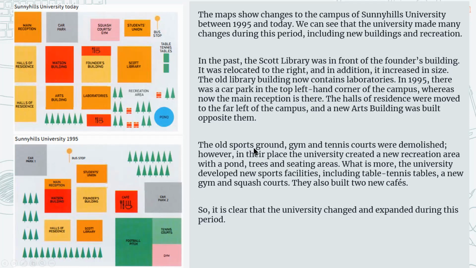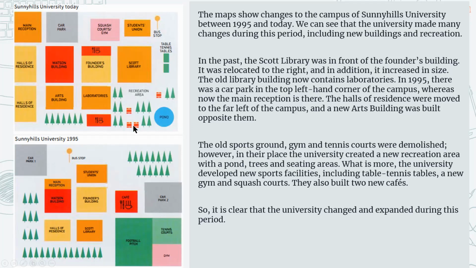The old sports ground. Where's the old sports ground? Maybe these buildings, or they are not buildings, they are courts. Gym and tennis courts were demolished. However, in their place, the university created a new recreation area, this one, okay, with a pond, trees, and seating areas.